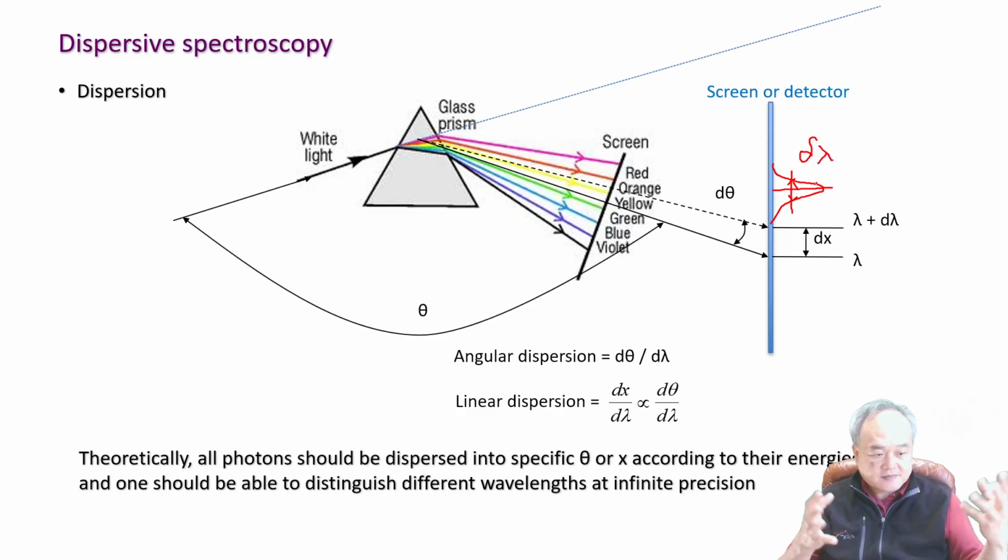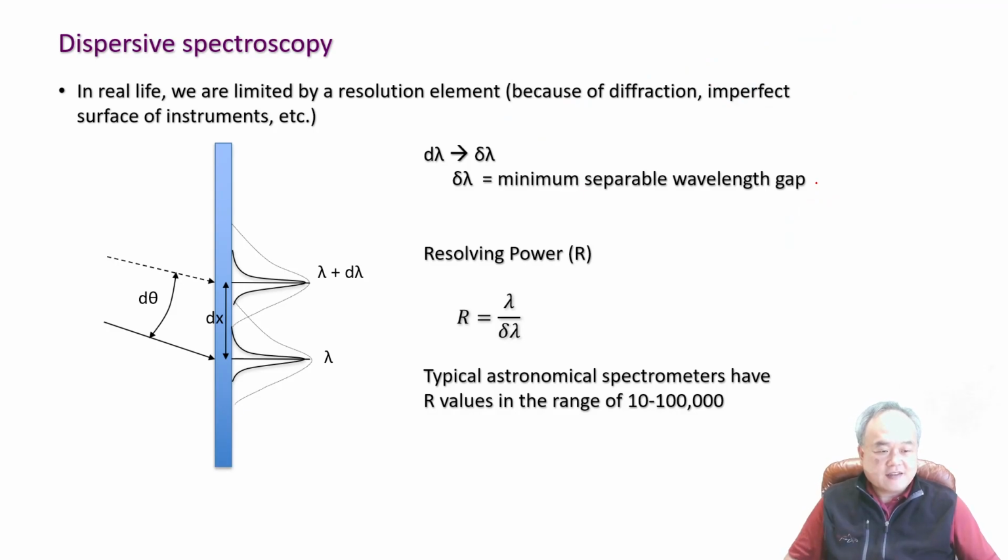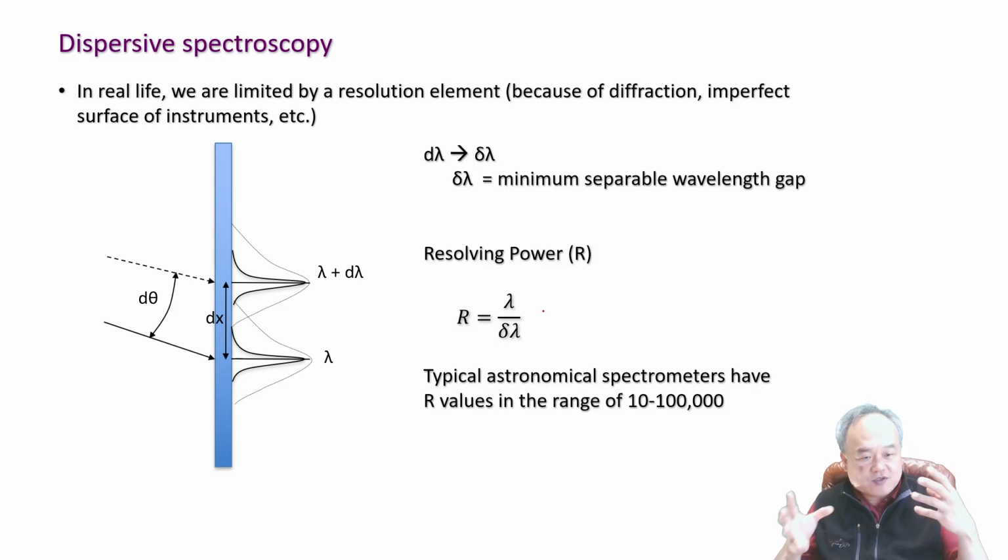Okay? So this delta lambda is the practical limit of the measurement.